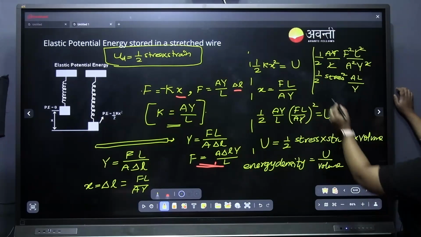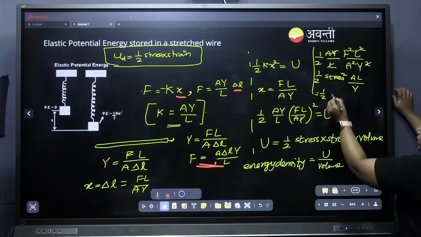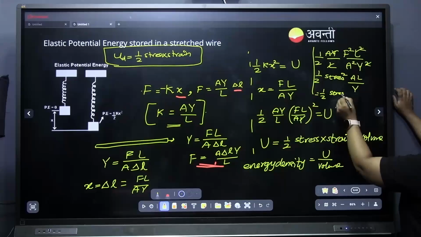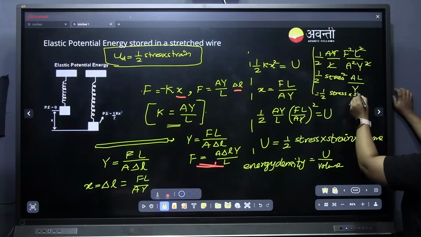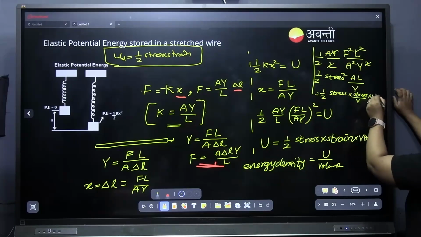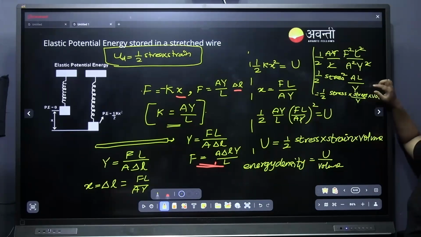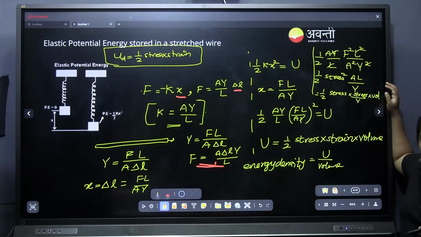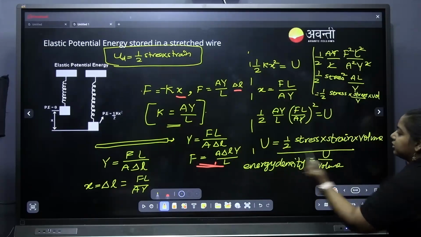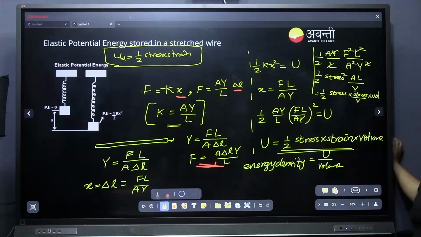So this will become half stress into stress by Y into volume. Now stress by Y equal to stress by strain, so stress by Y equal to strain. That's how we get this formula. Okay, I hope that is clear for all.